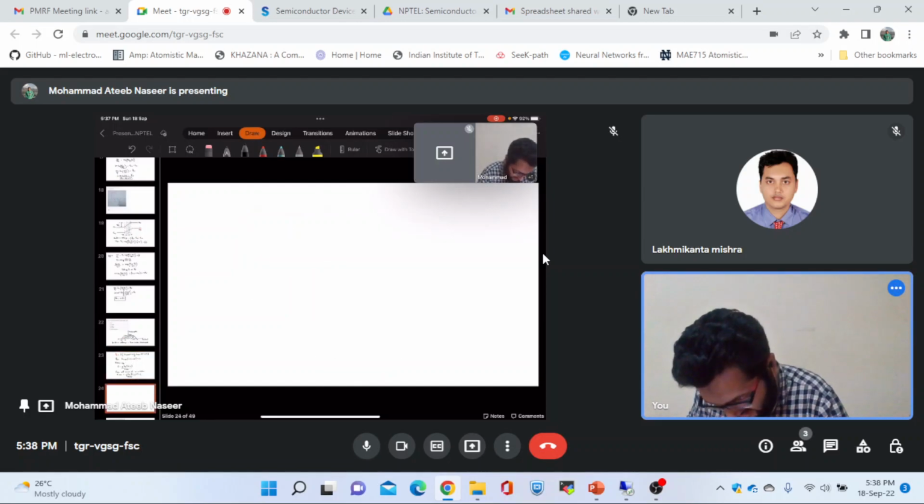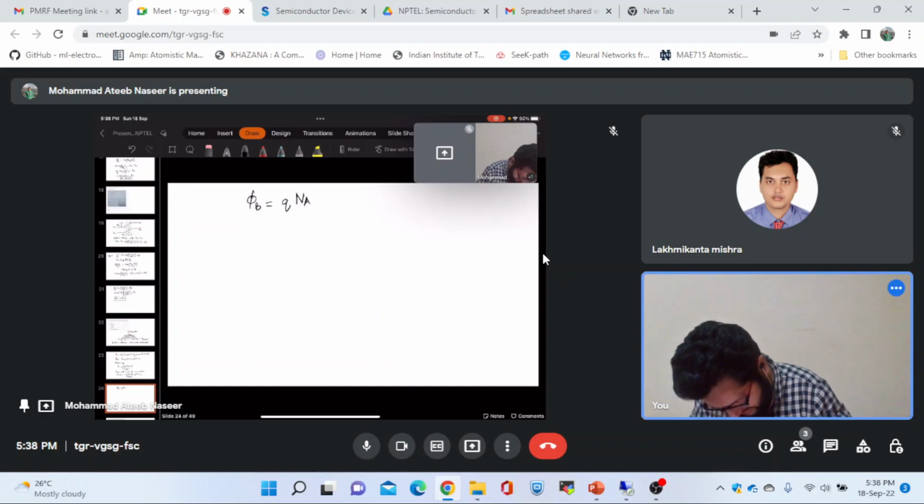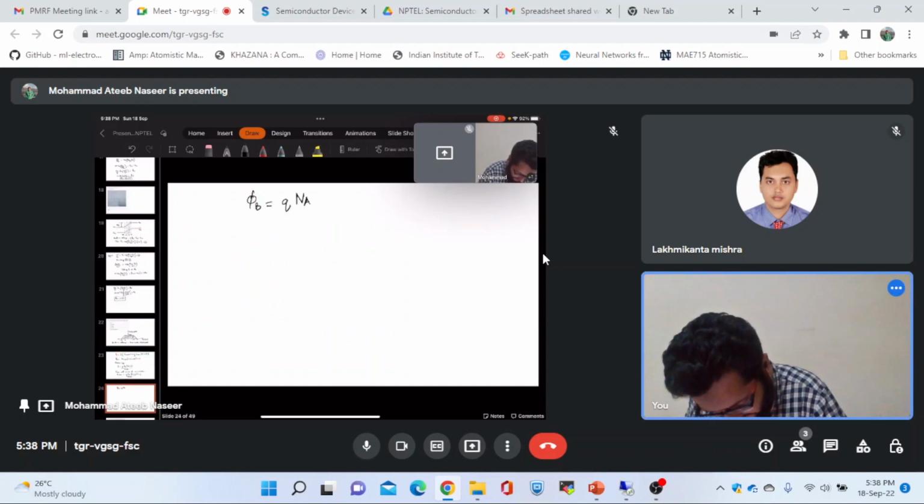I will get the expression for phi b to be equal to Q times Na (W minus 0.5)(W plus 0.5), which will simply be equal to W square minus 0.5 square divided by epsilon naught epsilon R.